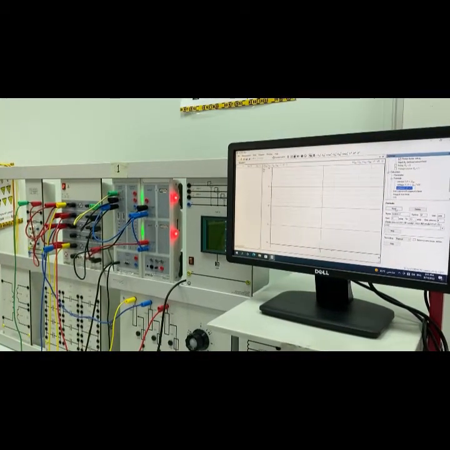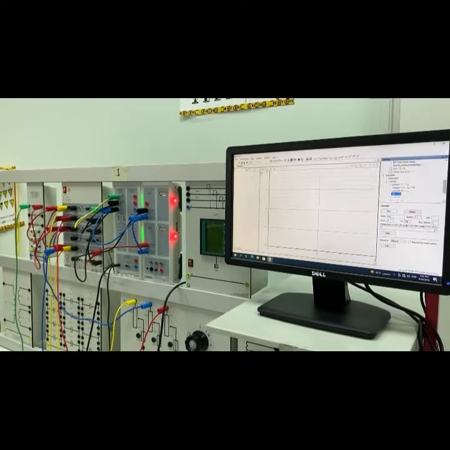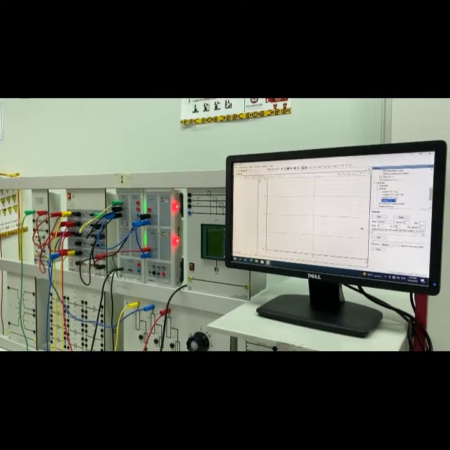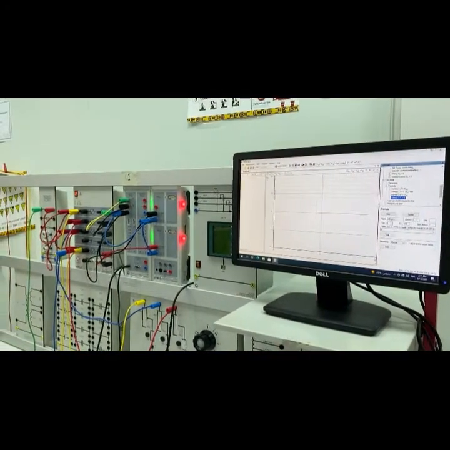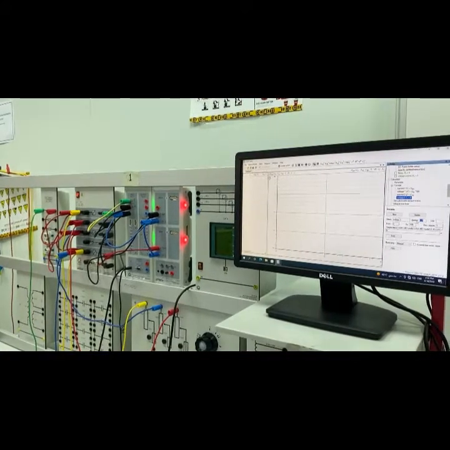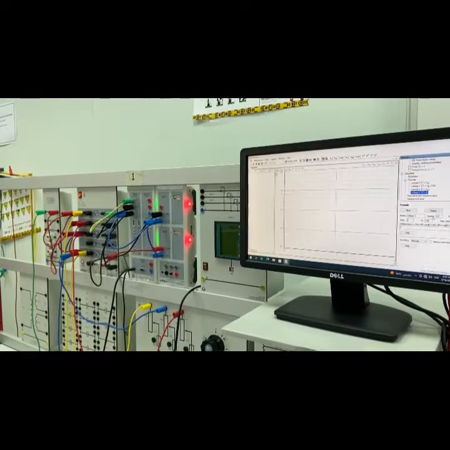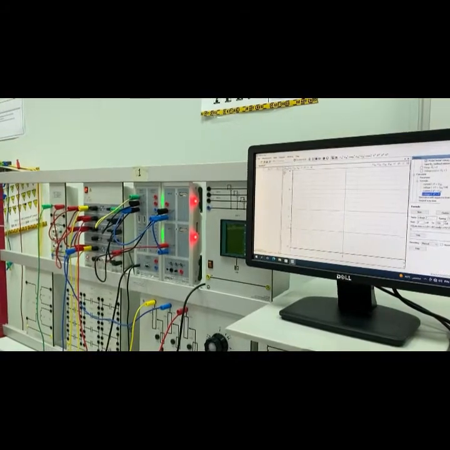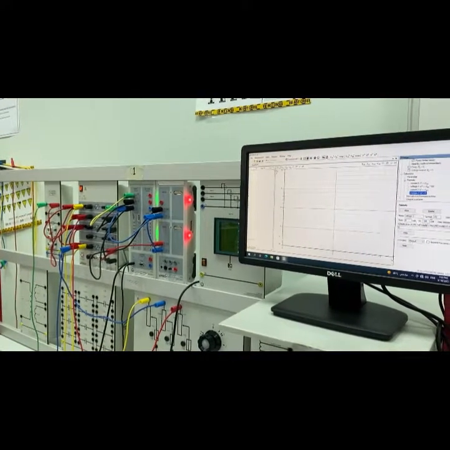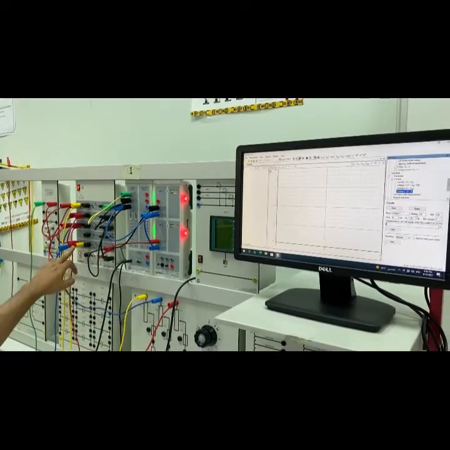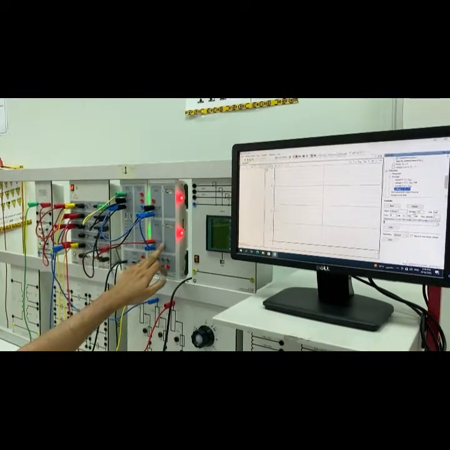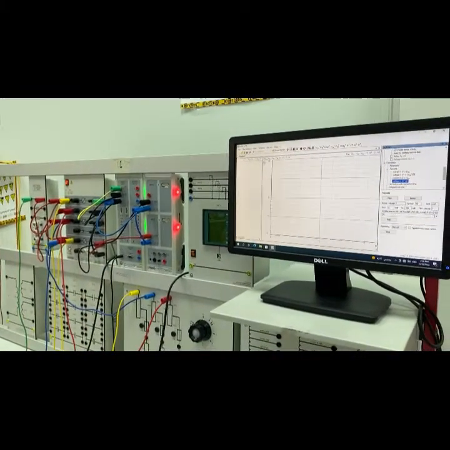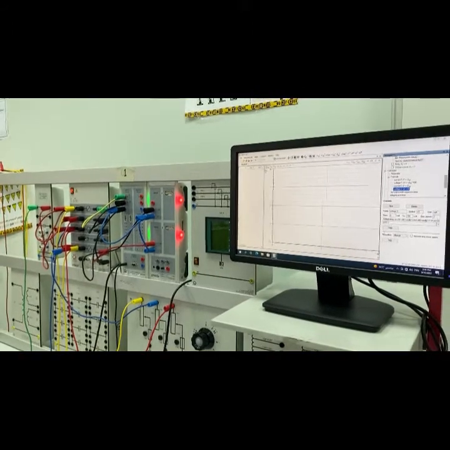Then the last one is voltage 2, right? Voltage 2, the symbol will be V2, unit is volt, from 0 to 100, decimal places 1. What should be the formula? The last one is UB2 multiplied by 100.